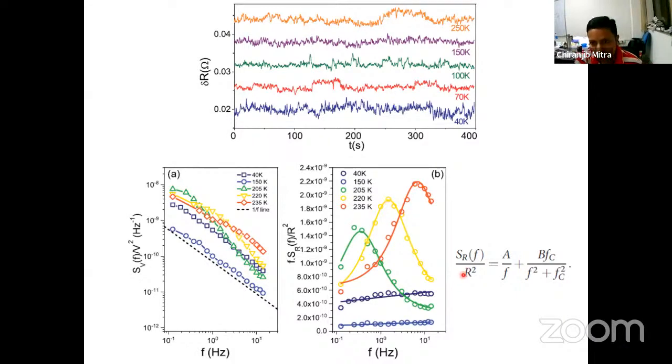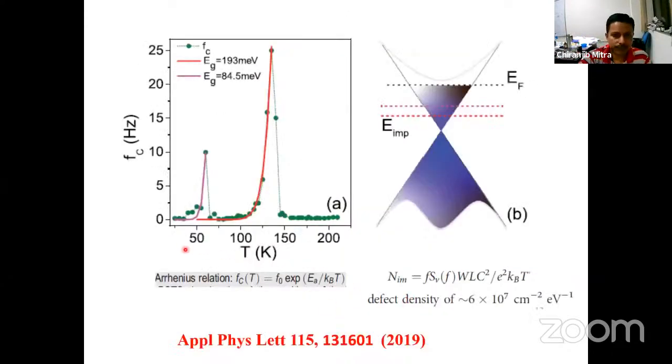This is the expression that we fitted the power spectrum to. We split it into 1/f and a Lorentzian, and fc is the characteristic frequency at which this transition is happening. We were able to fit that and obtain fc, which was plotted as a function of temperature, and we see two characteristic temperatures: one around 60, 70 Kelvin, and another a little less than 150 Kelvin.